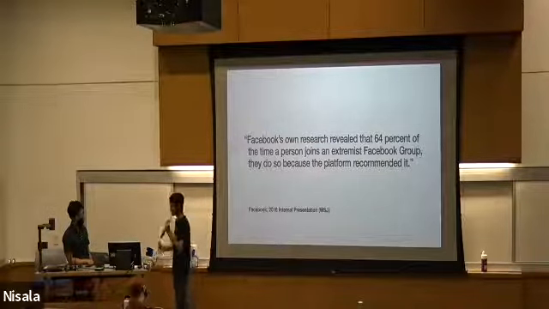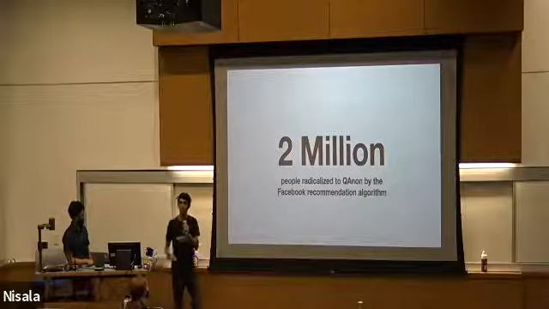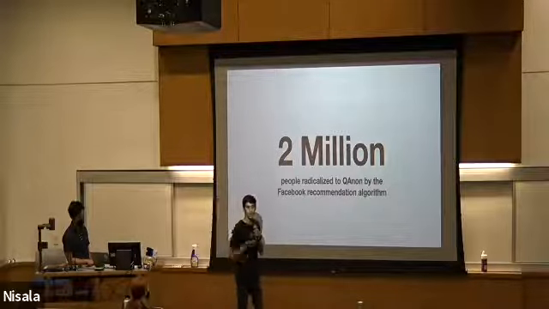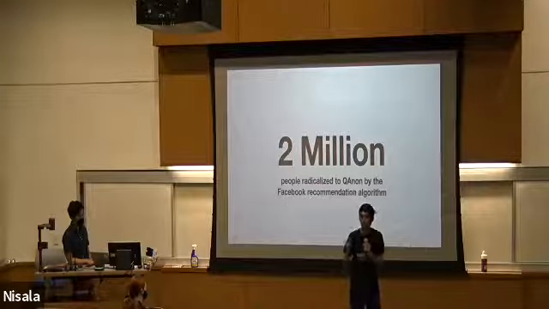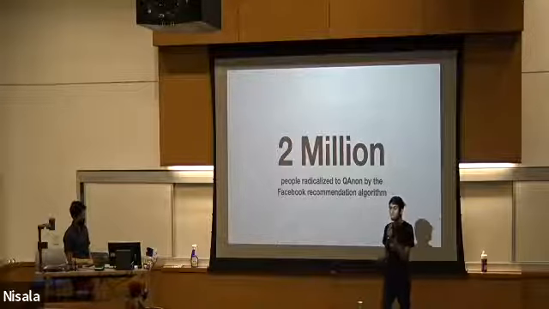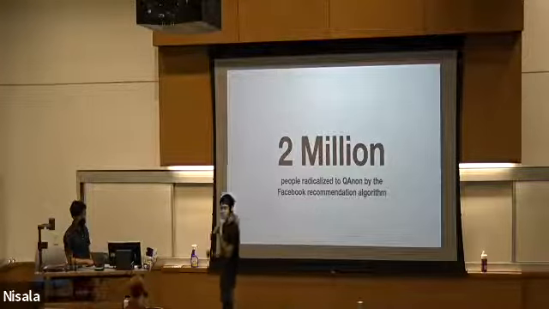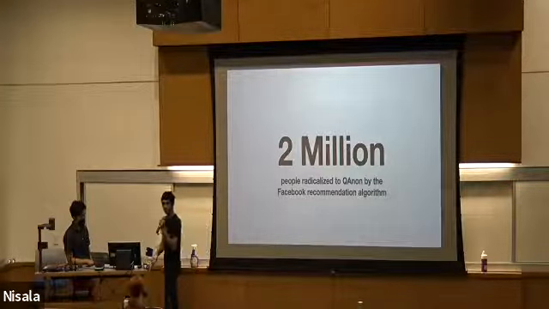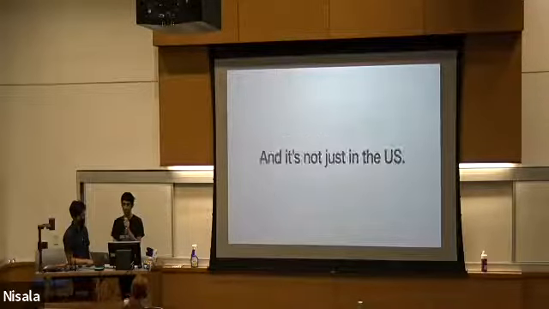And do you know what the result of that is? 2 million extra people are now in QAnon because of Facebook, because of this recommendation algorithm they created. 2 million people. I mean, this is what destabilized democracy looks like. It looks like 2 million people joining a group because Facebook told them to.